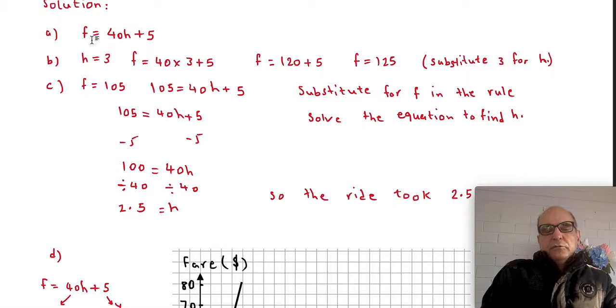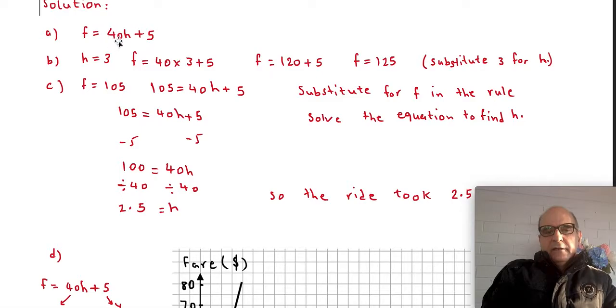This is very similar to y equals, say, 2x plus b, for example 2x plus 3, or y equals 3x plus 2, y equals 6x plus 9. And we remember that now, instead of y you have f here, and instead of x you have h here.